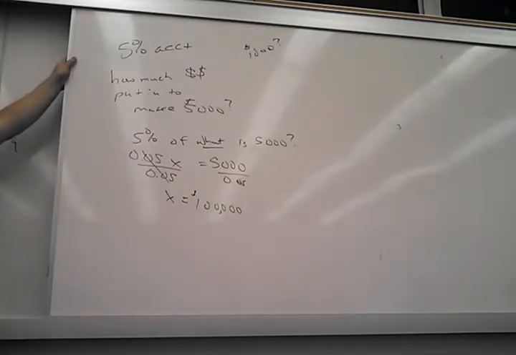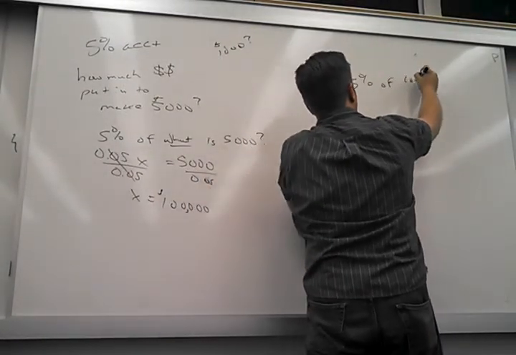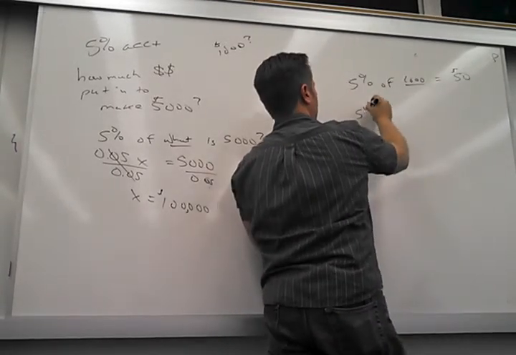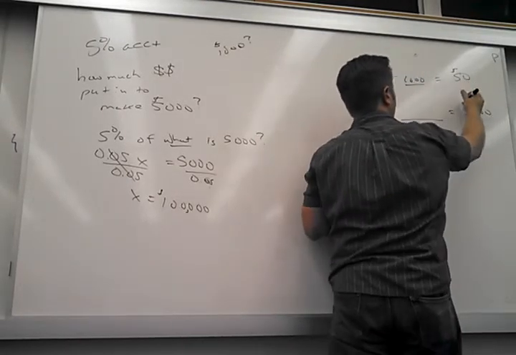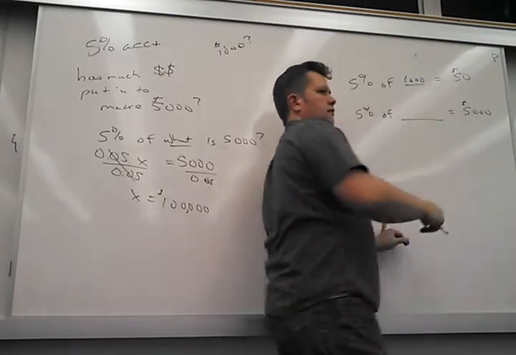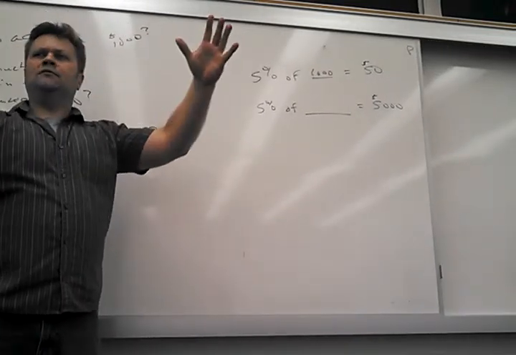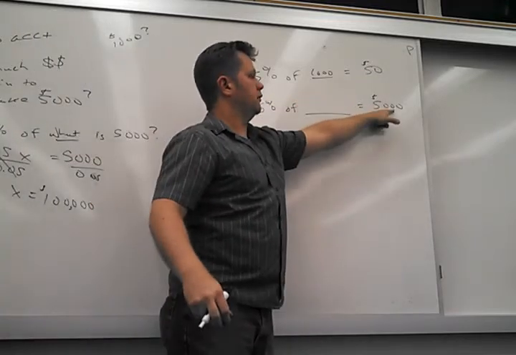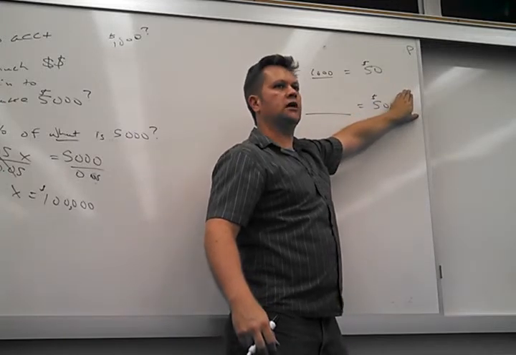Now, just to step out of it for a second, remember, 5% of 1,000 was $50, right? So we just did 5% of something is 5,000. How many times more money do I want? 100 times more money. 10 times 50 would be 500, and 100 times 50 is 5,000.